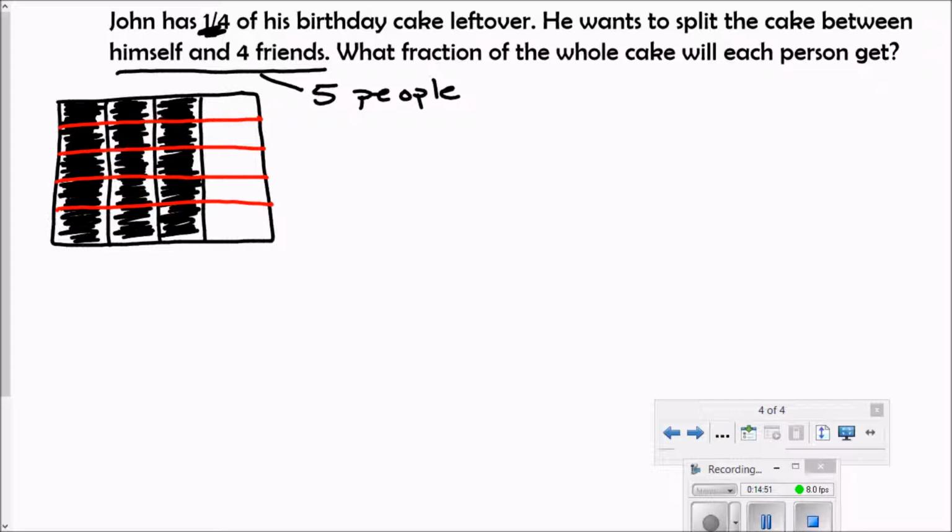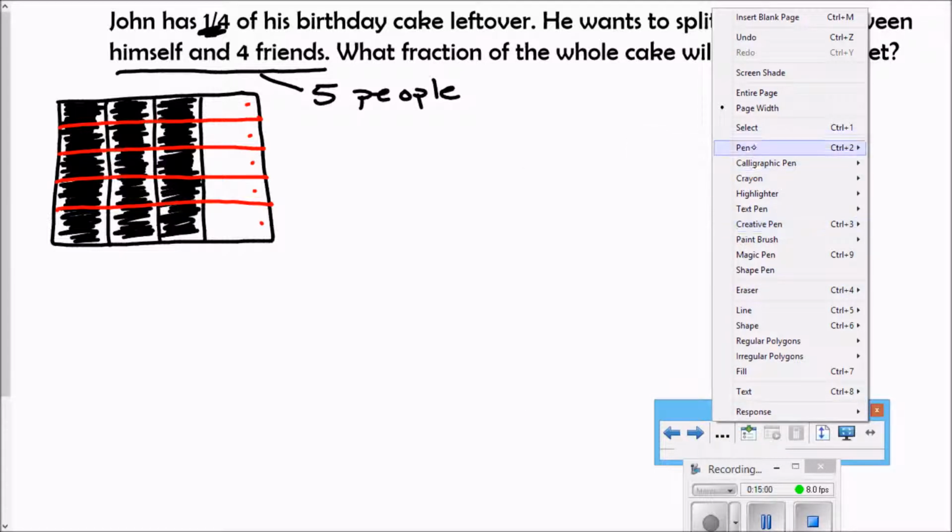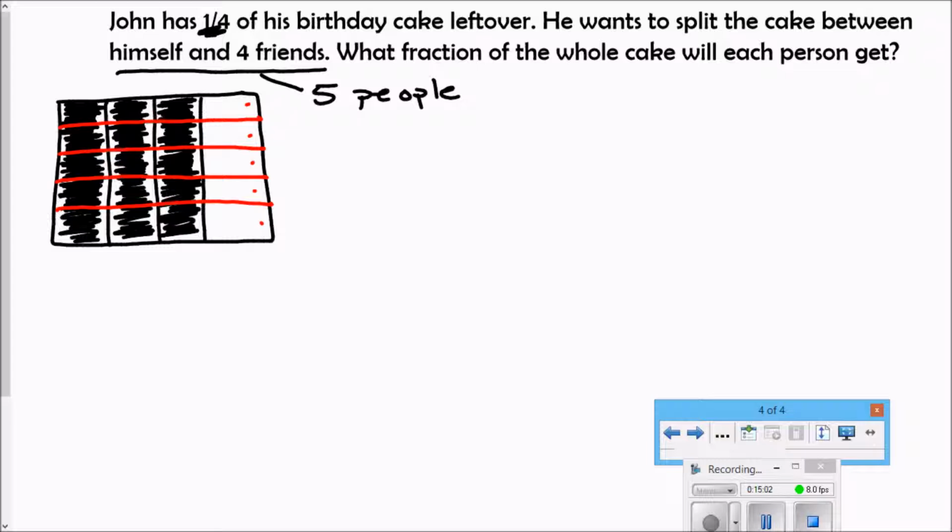Although they only have these 5 parts right here, we still need to reference our answer back to the whole. Now, we need to pay attention to how many parts our whole is divided into. We have a total of 1, 2, 3, 4, 5, 6, 7, 8, 9, 10, 11, 12, 13, 14, 15, 16, 17, 18, 19, 20 parts. So each one will represent 1/20.